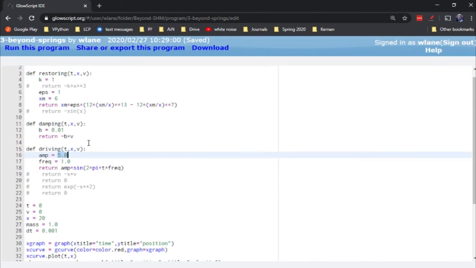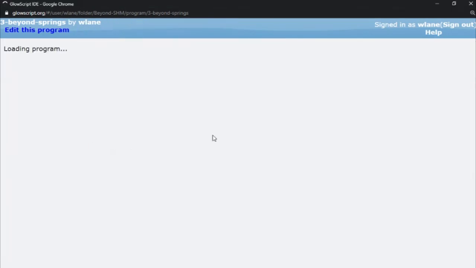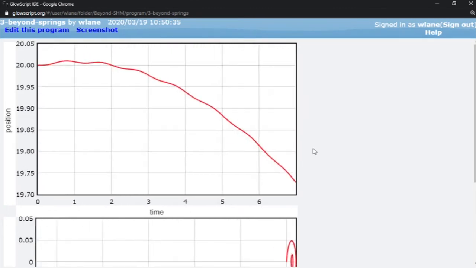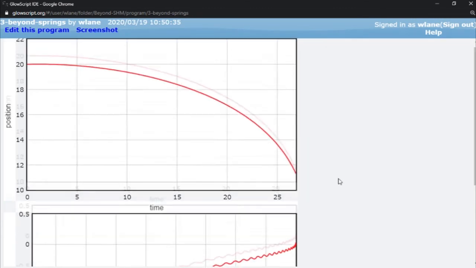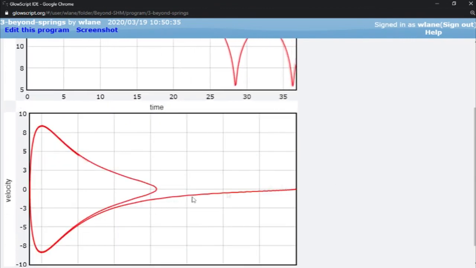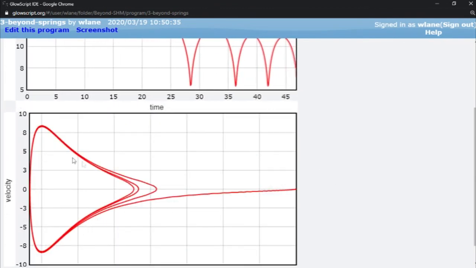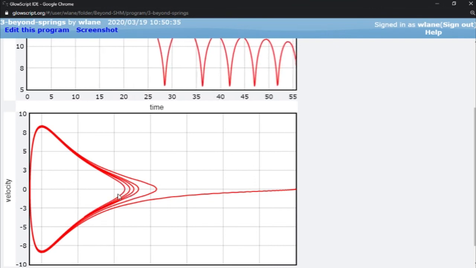Let's try making that a small number. Let's try making that a 0.1. Let's see if we can still get some oscillations out of this thing. Okay, so we're getting oscillation like we had before. Where we start to get our bugle shape, and then it ends up curving around this way.